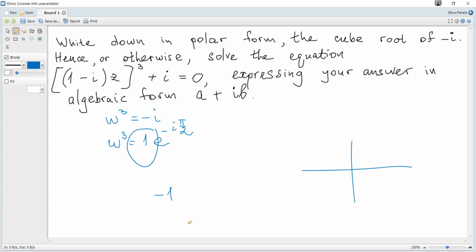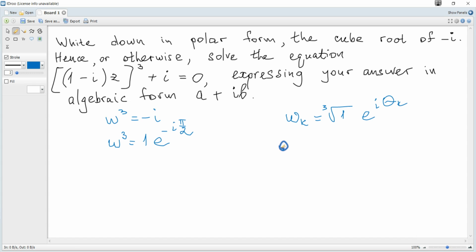So the w k solutions are the cube root of 1, cube because we consider w cubed, in general it's the root of degree n, and e to the power i theta k, where theta k is our argument.